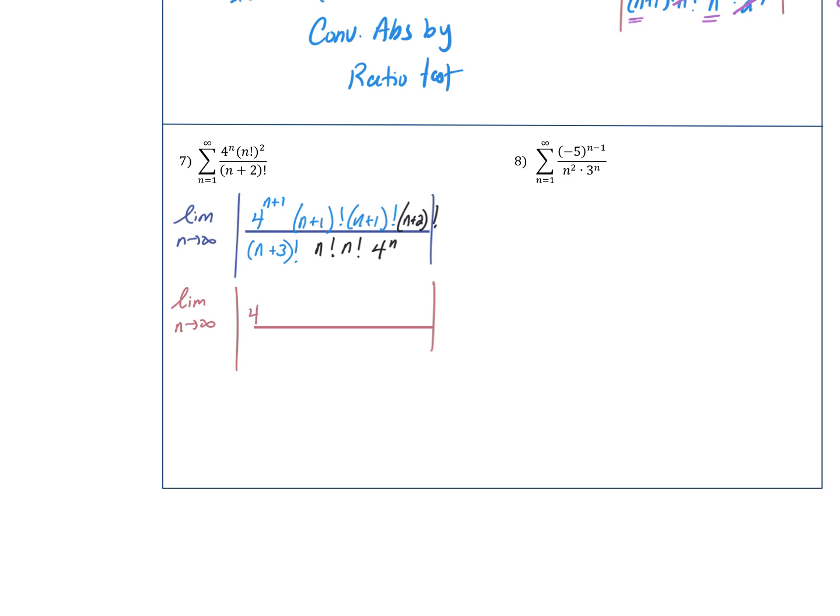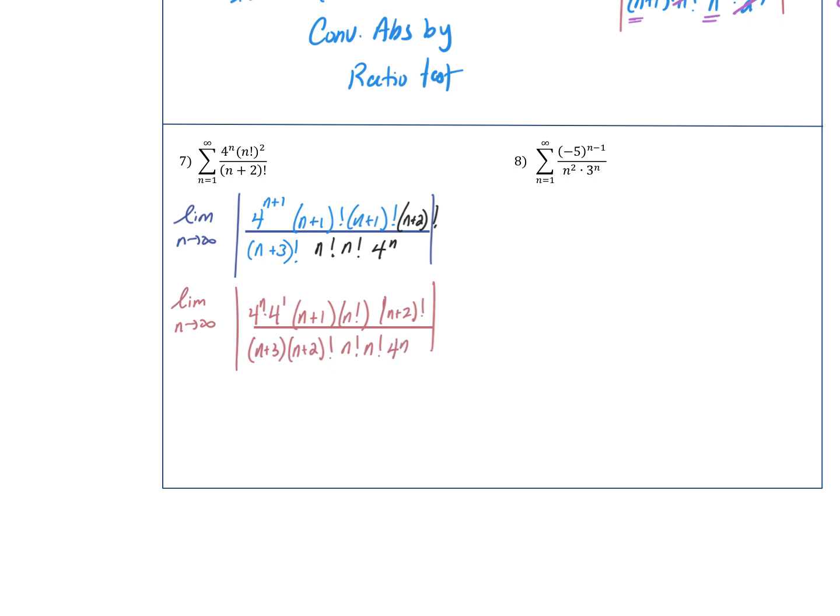So it's 4 to the n, 4 to the first, n plus 1, and then n factorial, and n plus 2 factorial. Like that. We've got n plus 3, n plus 2 factorial, n factorial, n factorial, and then 4 to the nth power. But I think I missed one here.